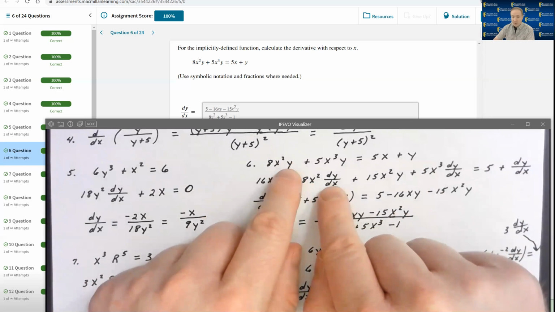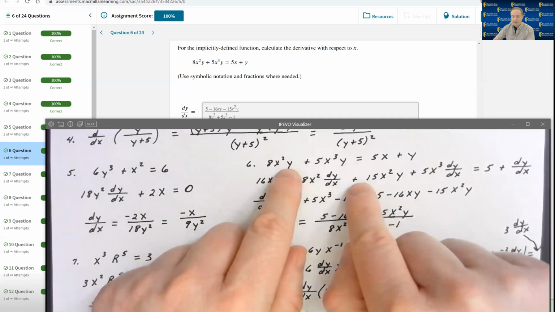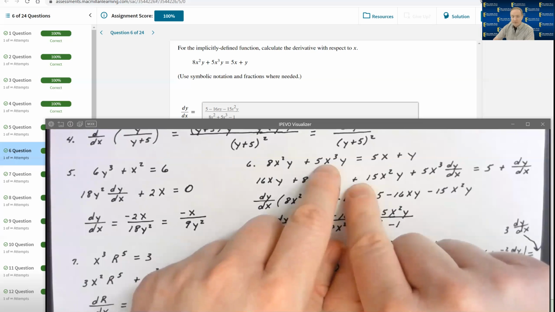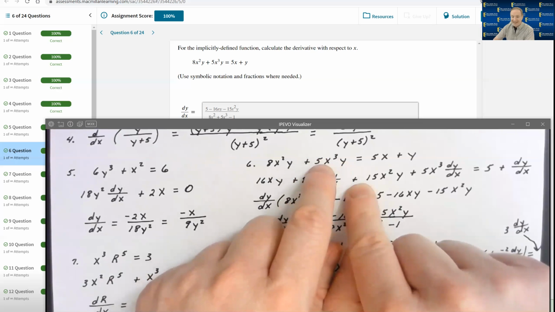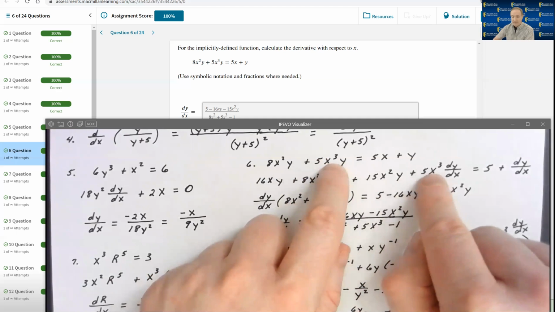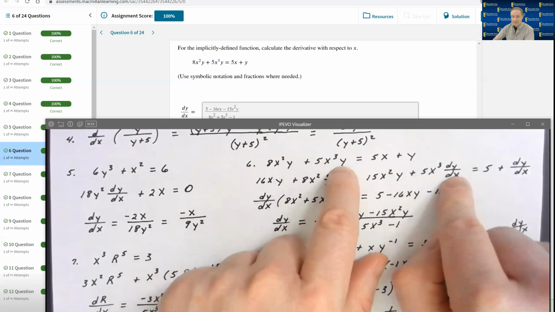Well, the derivative of y with respect to x is dy dx, plus derivative of this term, again, product rule. Derivative of the first is going to give you 15x to the second times the second, plus the first, 5x cubed, times the derivative of the second. Yet again, that's going to be a dy dx.